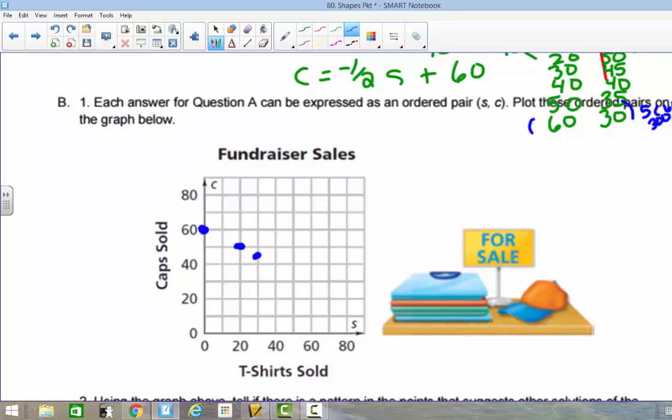Over 40 up 40. And this doesn't go all the way over to 120, but it's kind of nice that that's the ending point. And over 60 up 30. So I just sort of went out to 120, and this is all of the good data that works. It should be a perfectly straight line.